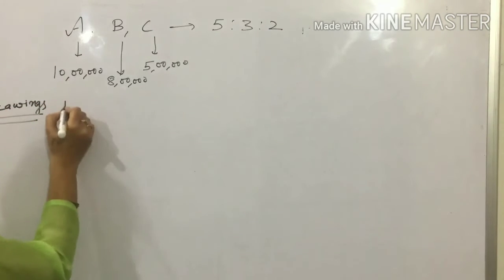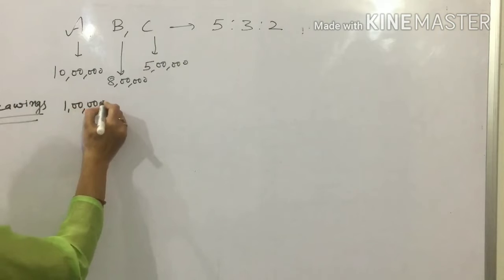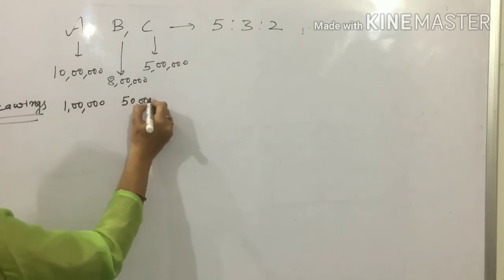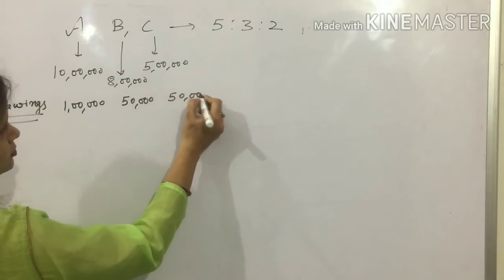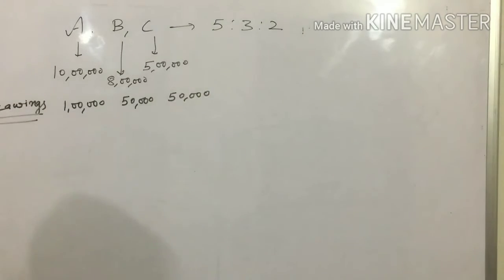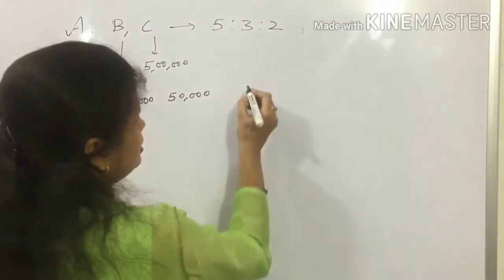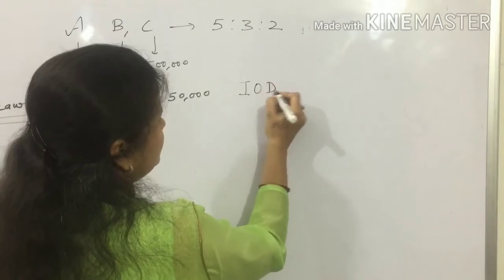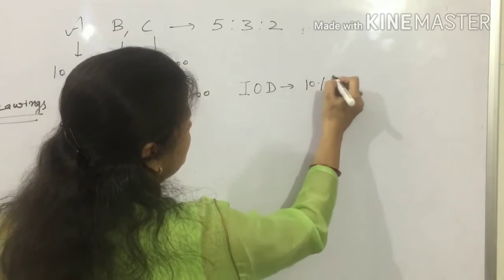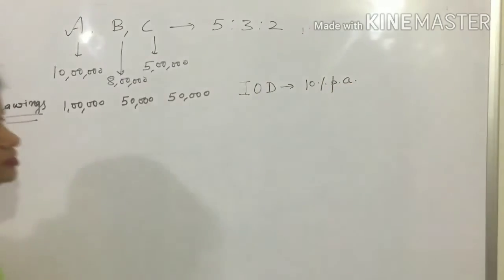Let us assume for A 1 lakh. For B and C it is given to be 50,000 each. And interest on drawings to be charged at the rate 10% per annum.